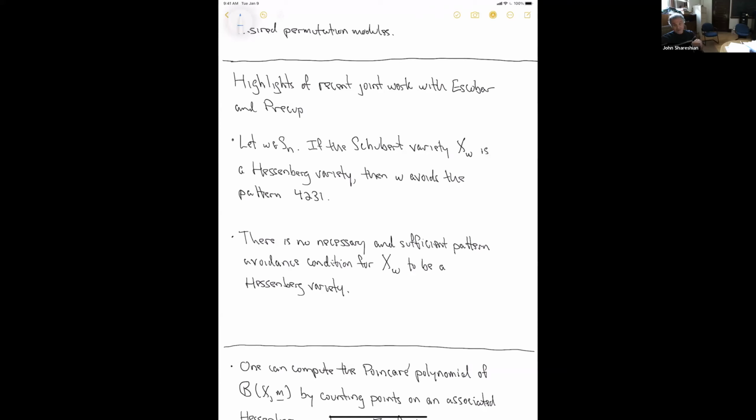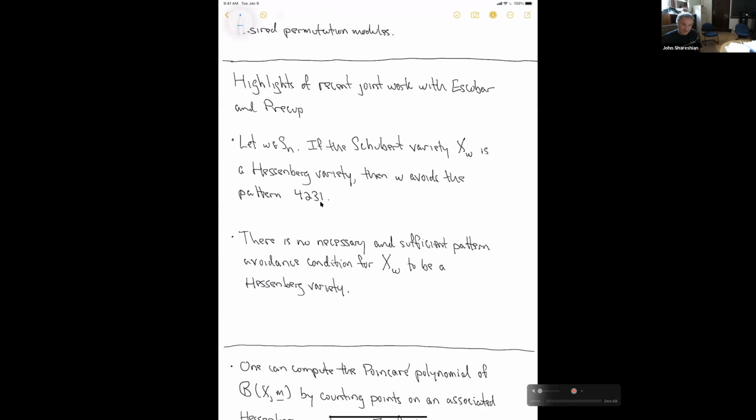Orbits of the Borel subgroup on the flag variety also have cohomology concentrated in even degrees. And we asked ourselves, or Julianna asked us, which Schubert varieties are Hessenberg varieties? If you look at small n, most of them are. Right? And the question was, are most of them always Hessenberg varieties? And in fact, that's not true.